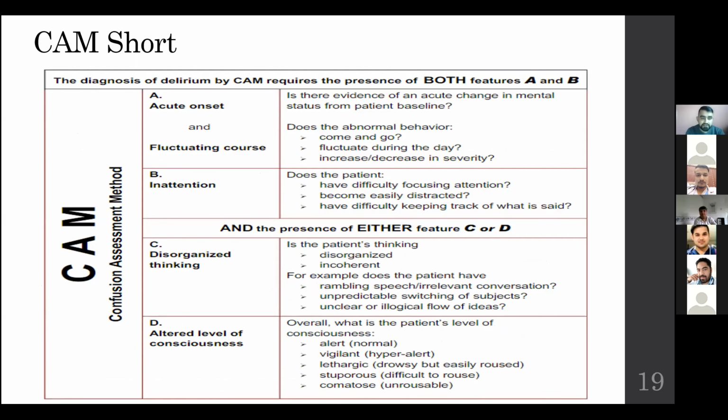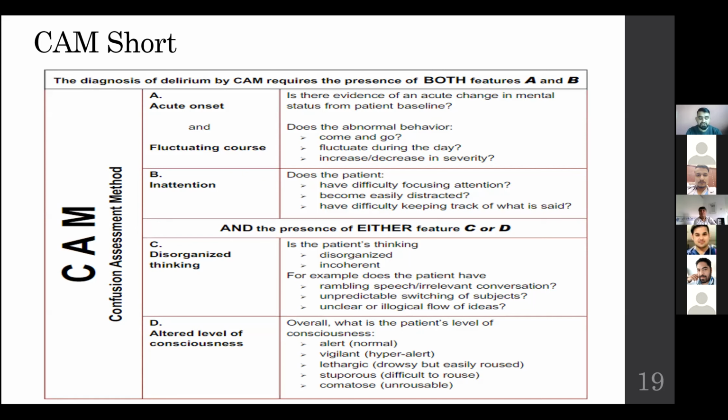This is another tool, short CAM. In short, what short CAM is trying to say is that you have to have A and B. To say a patient is in delirium, both A and B features should be present, and one of C and D should be present.